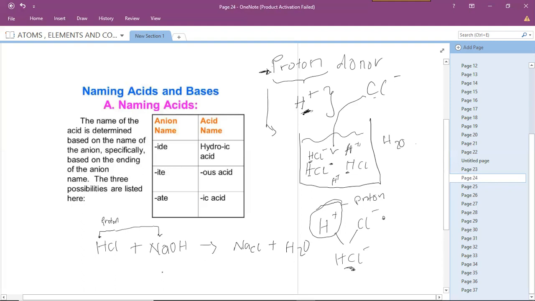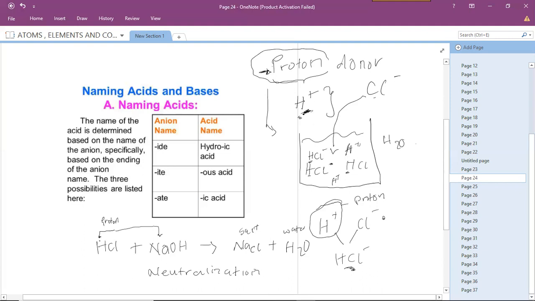In the future, we're going to know that this is called a neutralization reaction, that every acid can react with a base to produce a salt and water. And in the process of producing this salt and water, the acid is going to donate a proton. By proton, again, in acids, bases, and salts, we consider protons as hydrogen plus ions.